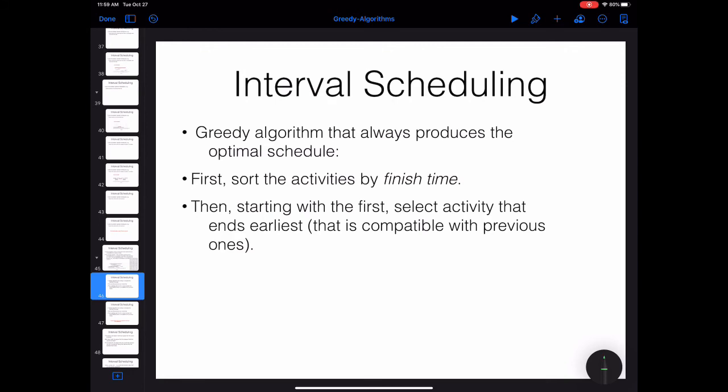The algorithm using this strategy will be to first sort the activities based on the finish time, and then start from the first job, take that, and then always try to find the next job that has no conflict with the previous jobs that you have already taken. This part is going to take O(n log n). If you have n jobs and you are going to sort them based on the finish time, the time complexity is going to be O(n log n), right?